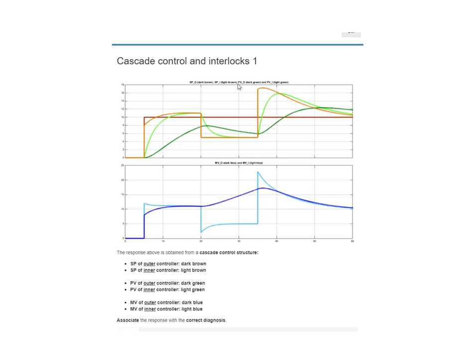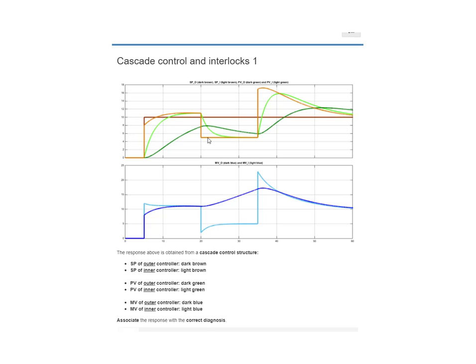The internal set point is given in light blue, and you can see that indeed here this controller goes to internal set point. So here it's receiving its set point from the external controller, and then it goes to internal set point, to a fixed internal set point of, well, 5 here.